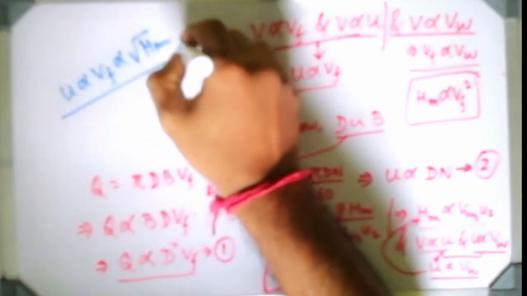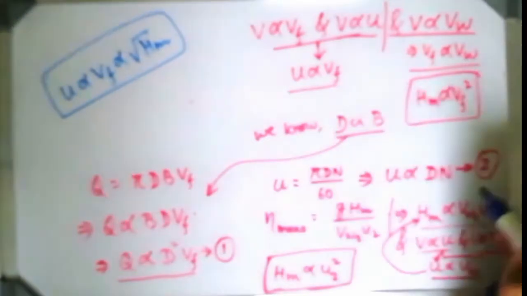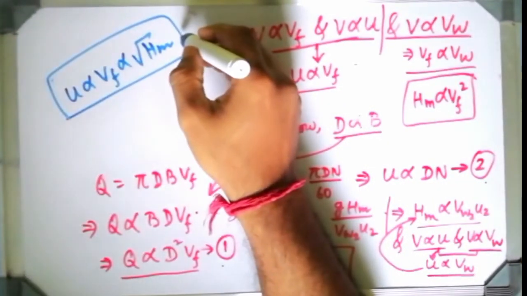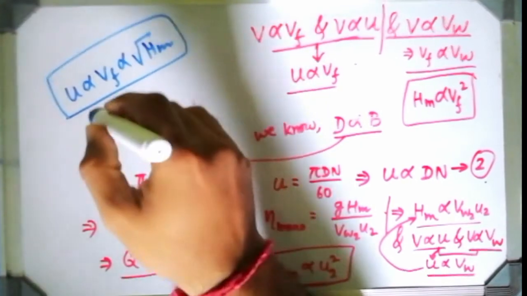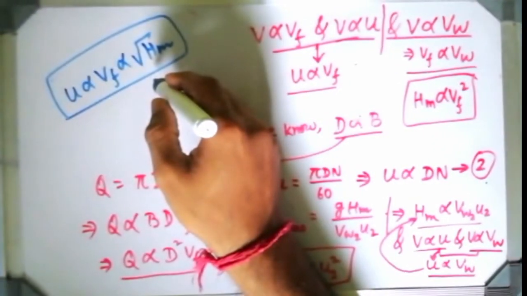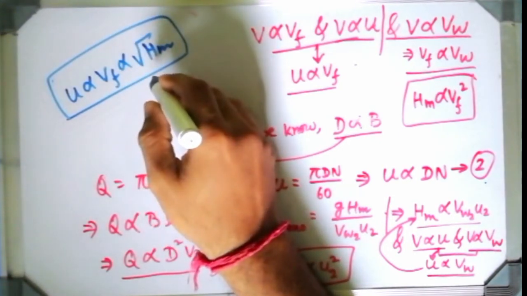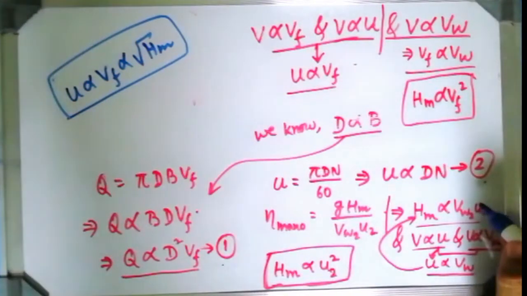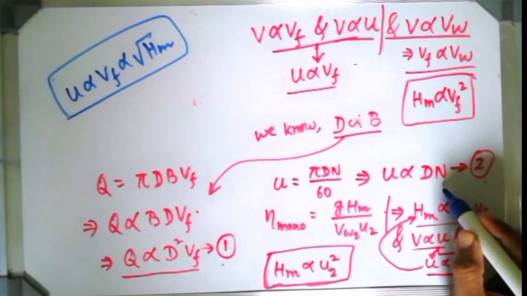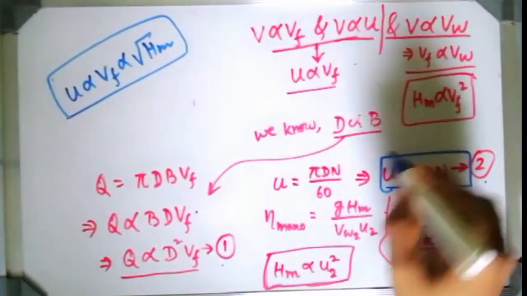So one equation here, two equations here, and from this relationship I can use it this way also. H is like this, and already I have u proportional to dn, so bring it from here to here.